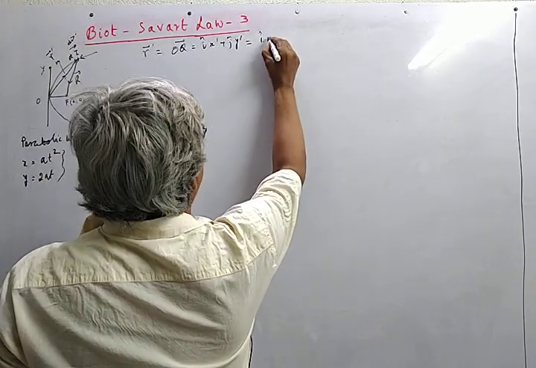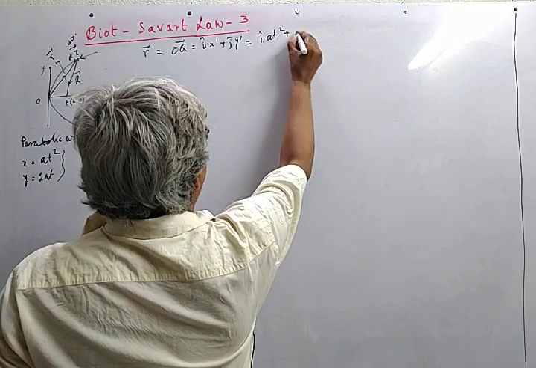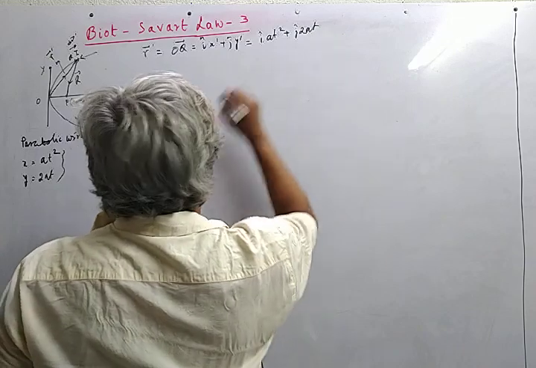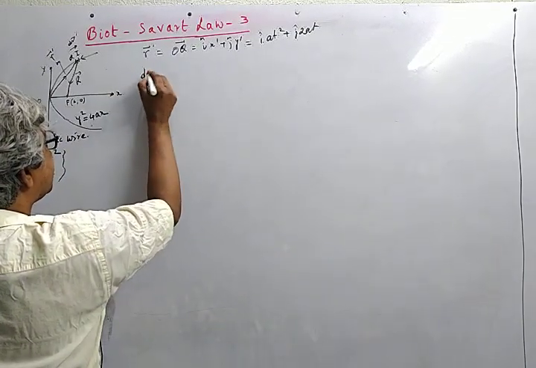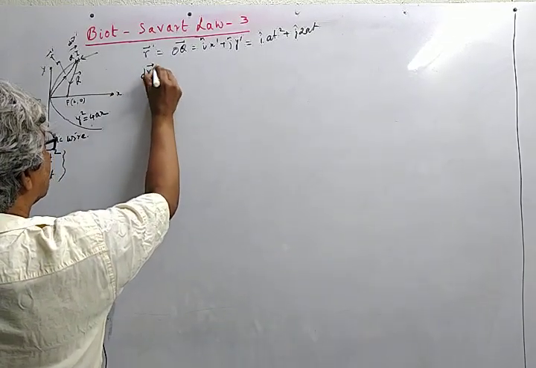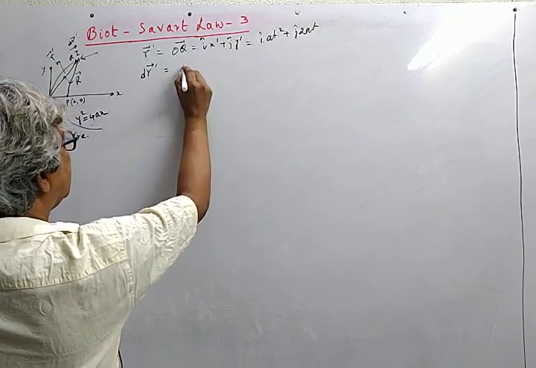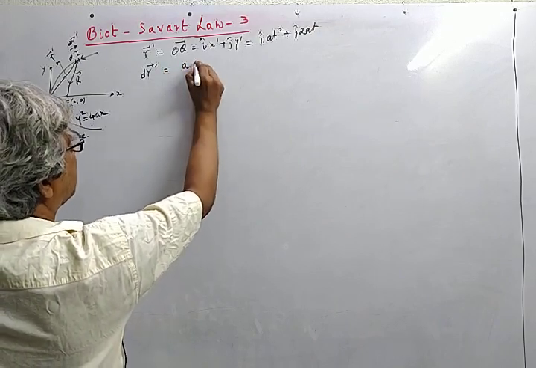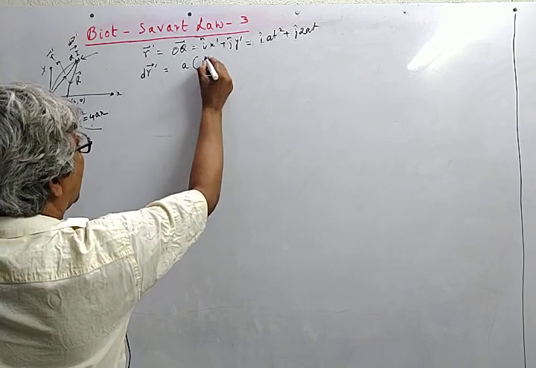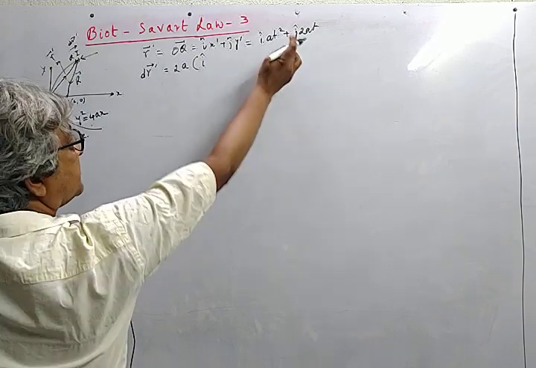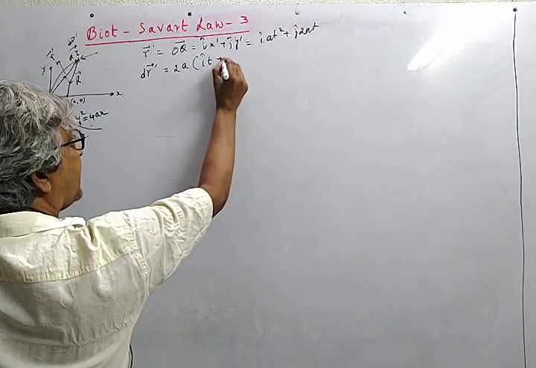So this becomes i cap a t square plus j cap 2at. So the differentiation, or the length element, is, with 2a taken common, i cap t plus j cap.